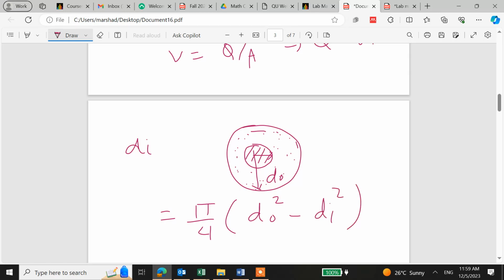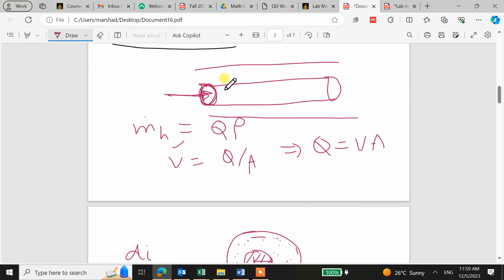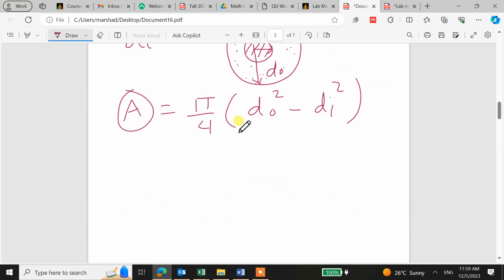Why do we need this? Because if the flow rate is given, you can get the velocity, and from velocity you can get the flow rate and mass flow rate and so on. Okay, now let's see how we can find the overall heat transfer coefficient. Q emitted equals U times overall area times delta T LMTD.